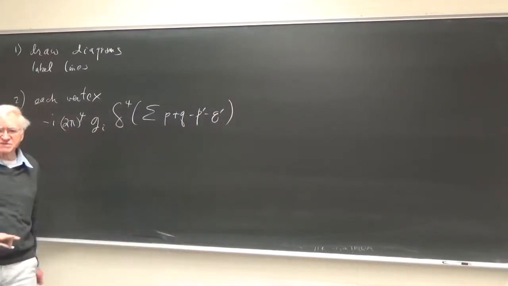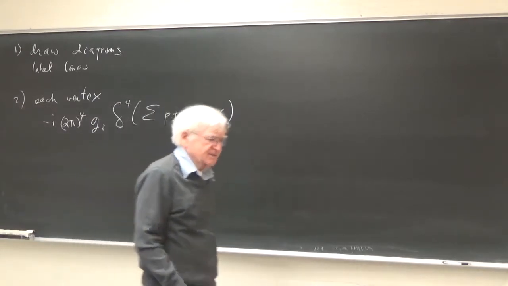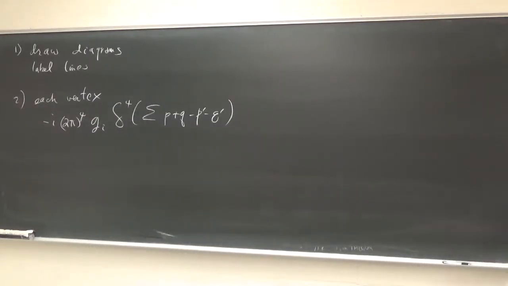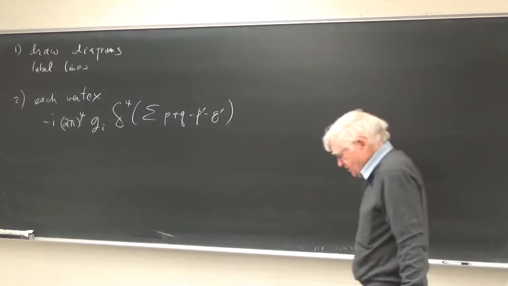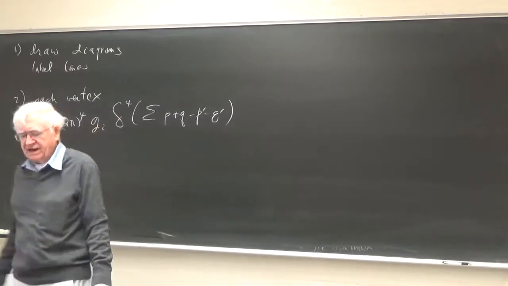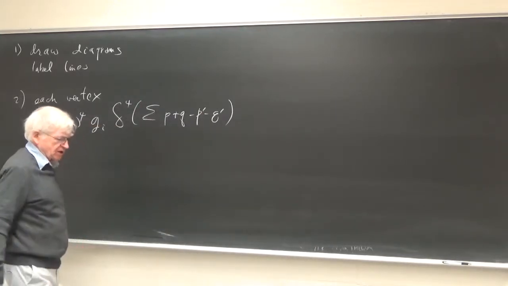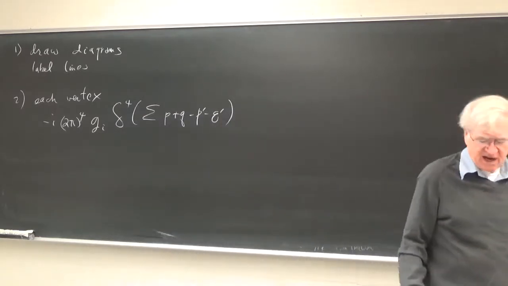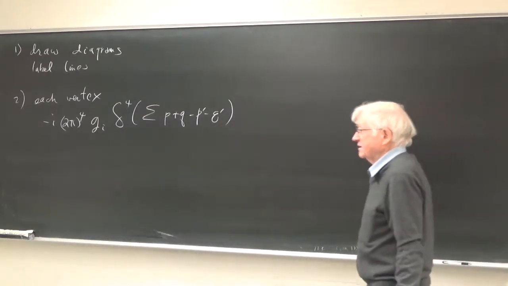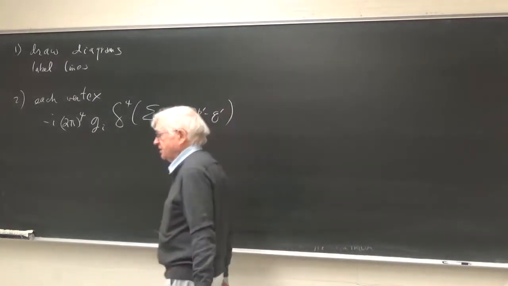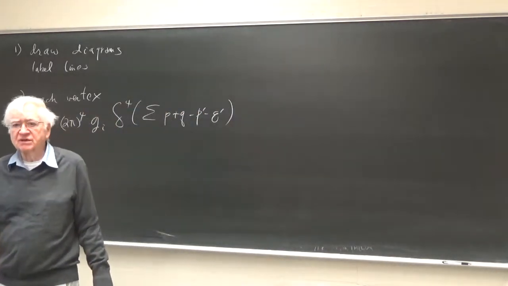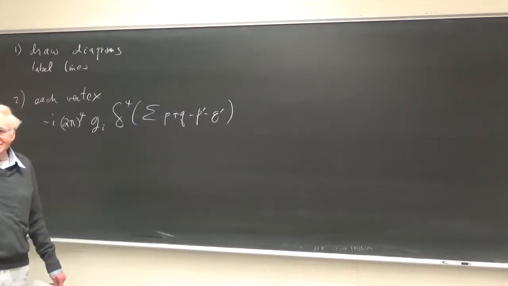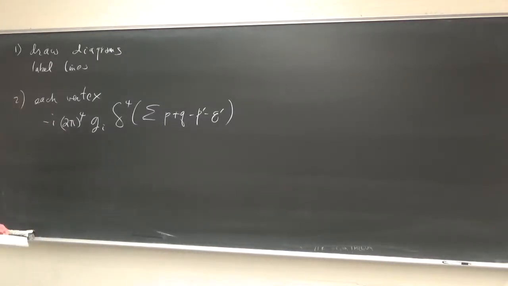So four-momentum is conserved at every vertex, because a vertex in the space-time sense is just an x or y or z, an x_i, and you integrate over all of x_i for space, and that produces a delta function. And the x_i only occurs in the exponential. It doesn't occur anywhere else. Consequently, you always get a delta function that conserves full momentum.